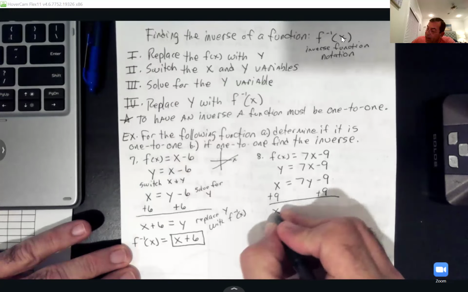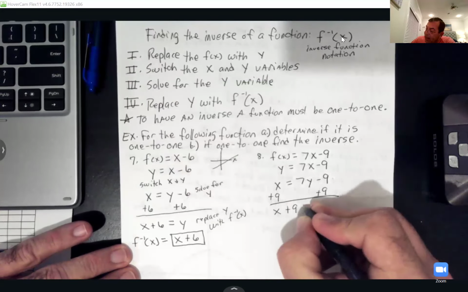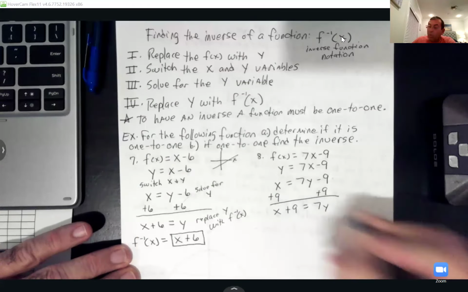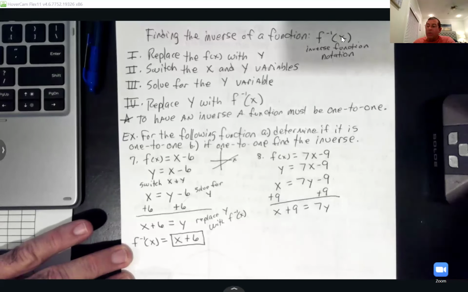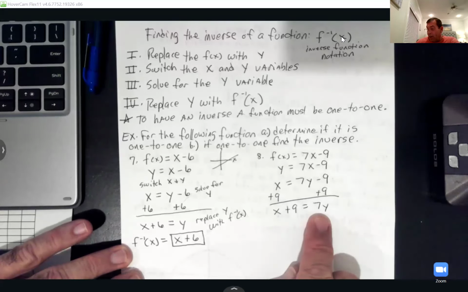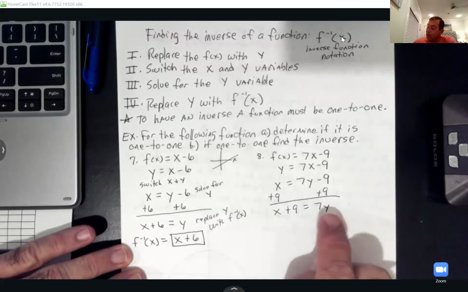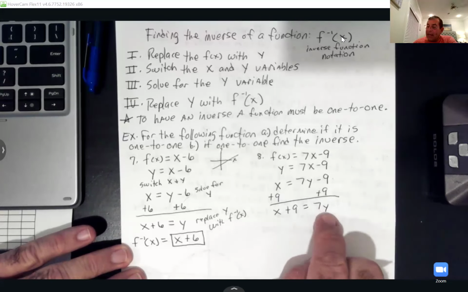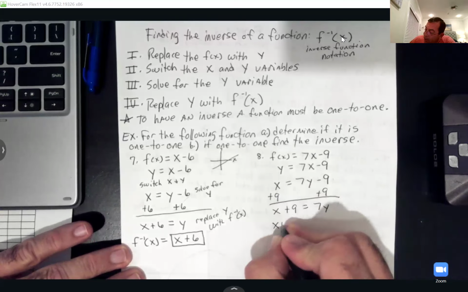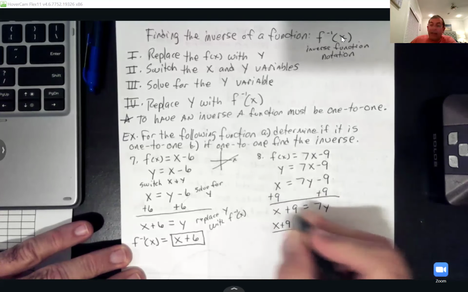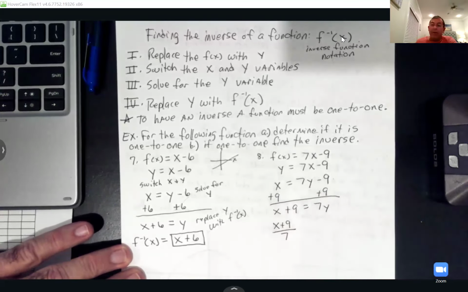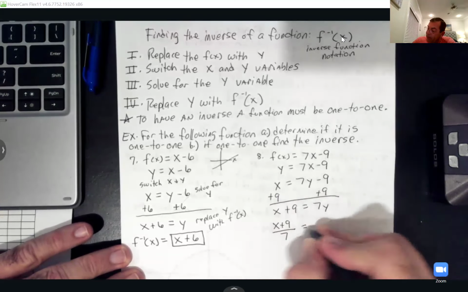So I get x plus 9 equals 7y. All right, so now you want that to be 1y. So I'm going to divide both sides by 7. So over here, remember, the whole thing, the x plus 9, both are being divided by that 7.